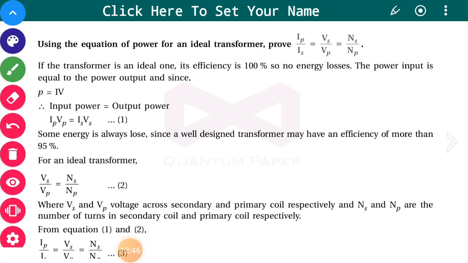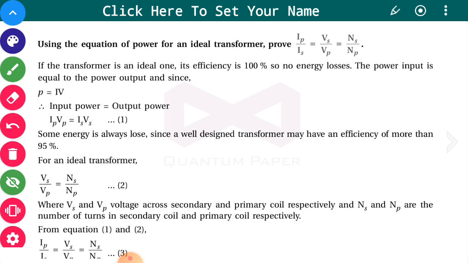Okay, now we move further using the equation of power for an ideal transformer. We have to prove that Ip upon Is is Vs upon Vp is equal to Ns upon Np. Very easy. Power is given by V into I. Input power is Ip Vp, where Ip is the current in the primary and Vp is the voltage in the primary. Then Is is the current in the secondary, Vs is the voltage in the secondary.